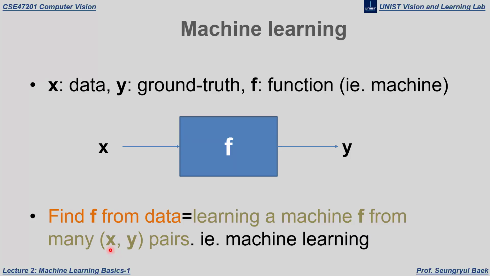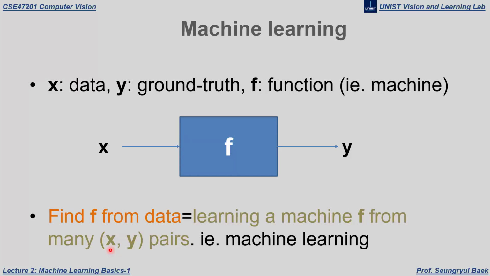Later we will see how, mathematically, we can learn exactly the function F. We have to modify function F to make it output the output that we desire, right? Later we will see how we can do that. But in general, you have to understand what machine learning is here.